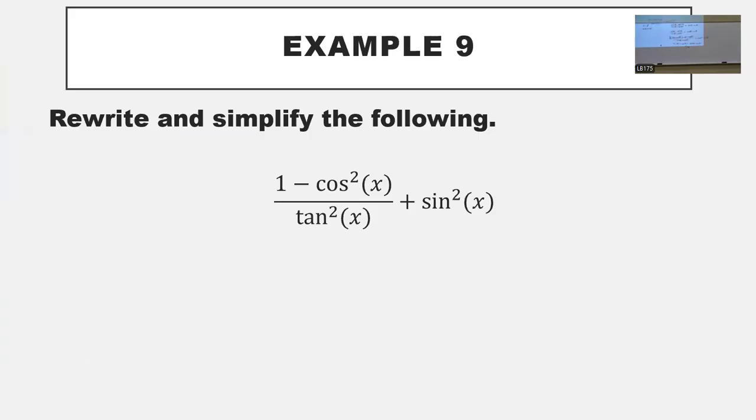Now I'm going to skip one of the examples. I'm going to skip example 8 and go right to example 9. This one, instead of a true or false, is one of those rewrite and simplify. I want you to rewrite and simplify. Try to make it as simple as I can make it. Might turn out very simple.